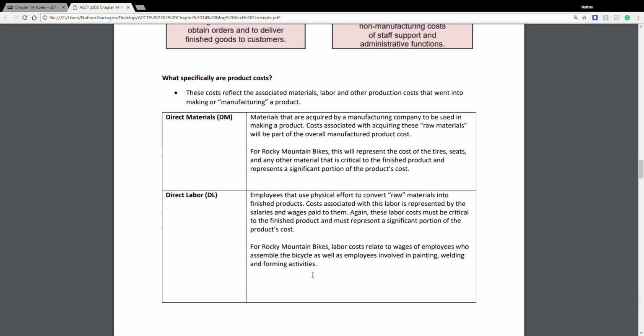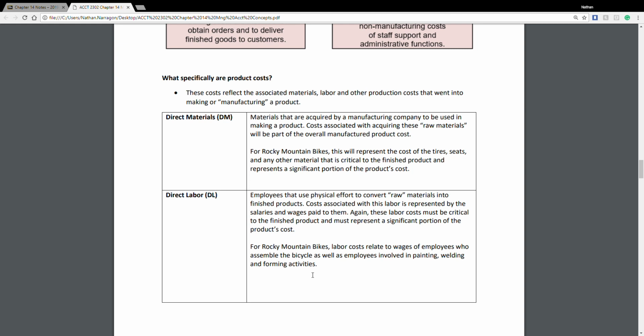So here we go. We're going to use our Rocky Mountain Bikes example to go into what would be direct materials and such for building a bike. Yay! Building a bike right here on Sandjack Radio. So what are these products? Again, they reflect anything in the manufacturing of a product. First off, direct materials. These are normally known as raw materials, and we deal with the costs associated with them.